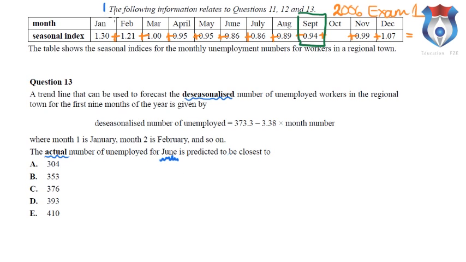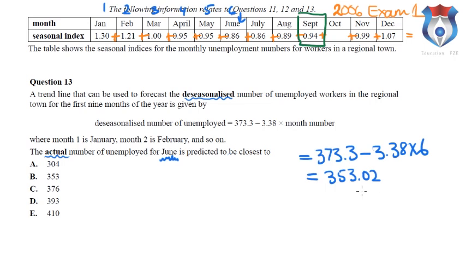Now January was 1, February was 2, March was 3, April was 4, May was 5, makes June number 6. So the month number that we're going to plug in here is 6. So we have equals 373.3 minus 3.38 times 6, and we get 353.02. So that is my deseasonalized figure for June.